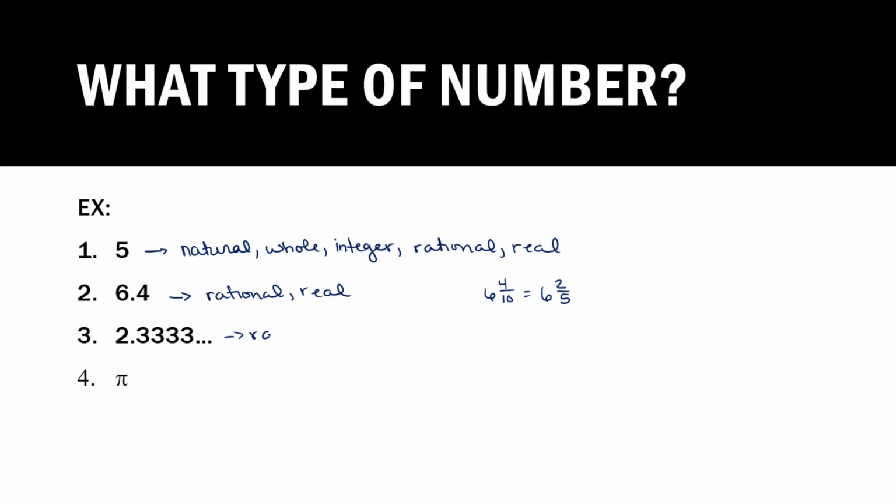This is also rational, which makes it real. 2.3 repeating would be 2 1/3. So that is a fraction. And then we already noticed that pi is an example of an irrational number, but it is still real.